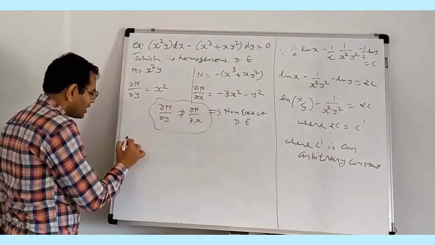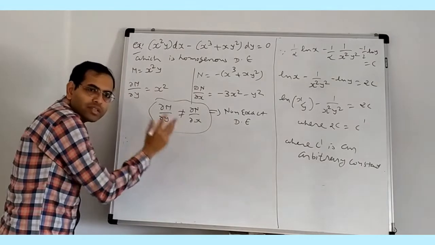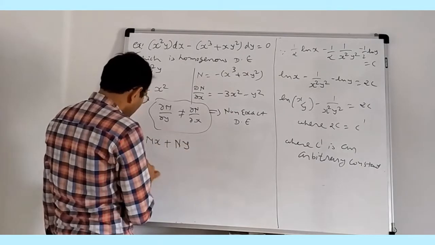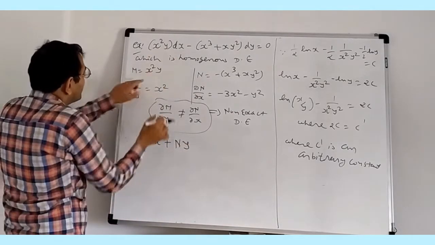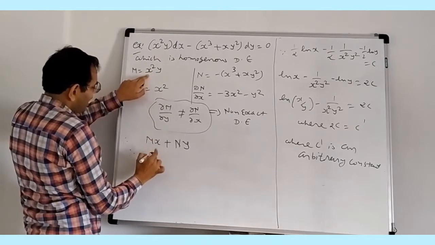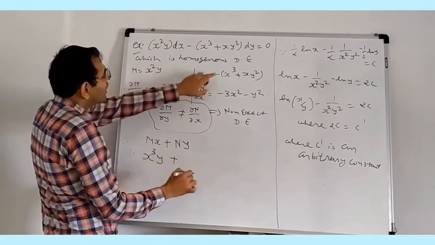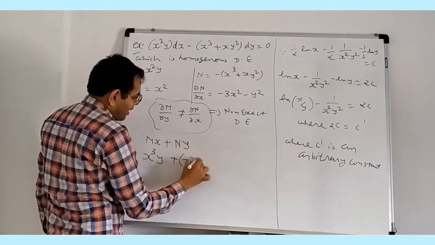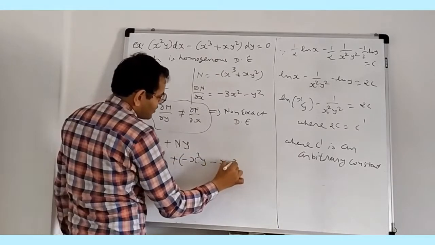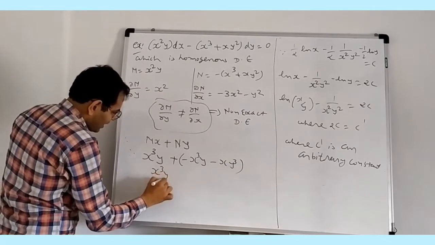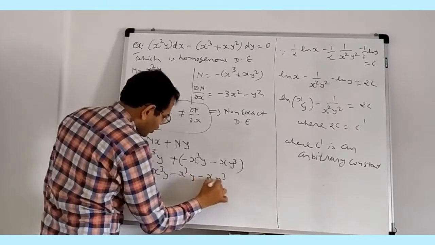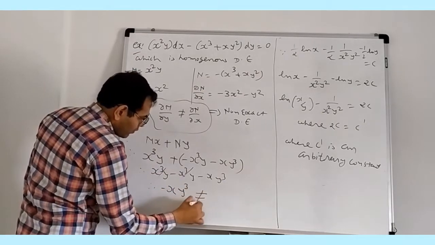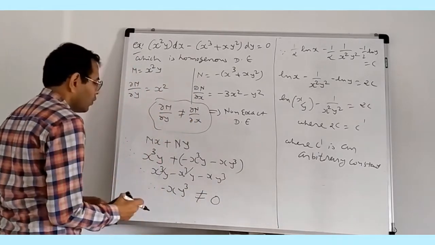Then in homogeneous differential equation, we apply case 3. So in case 3, first we find Mx minus Ny, so whatever M is multiplied with x, we get x cube y, and whatever N is multiplied with y, then minus, x cube y minus xy cube. Then expand the bracket, x cube y minus x cube y minus xy cube, both terms cancel out, then we get minus xy cube, which is not equal to 0.